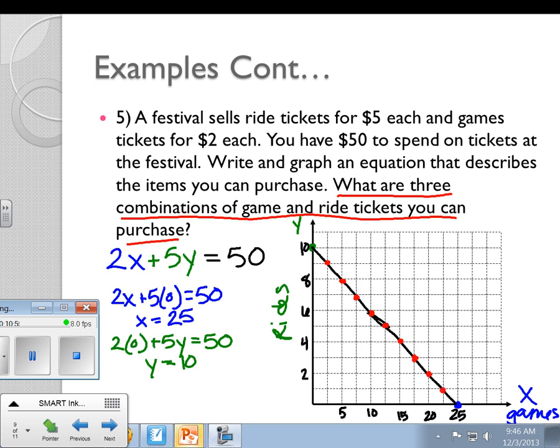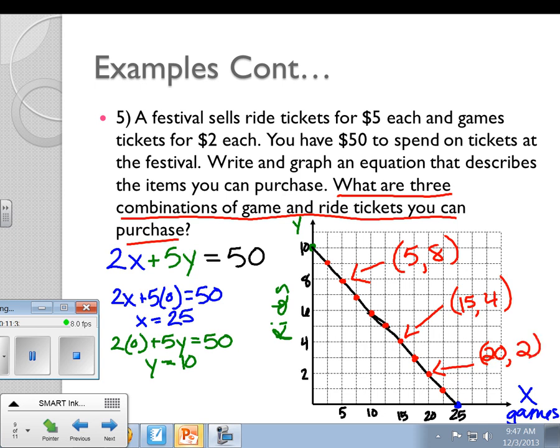So I could purchase, let's say if I'm looking right here, 5 game tickets and 8 ride tickets. If you picked this point right here, it would be 15 game tickets and 4 ride tickets. If you picked this one right here, it would be 20 game tickets with 2 ride tickets.